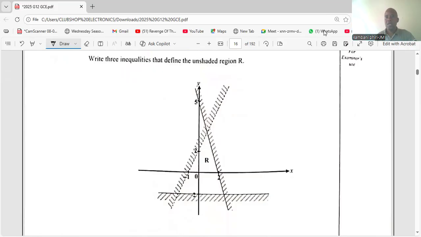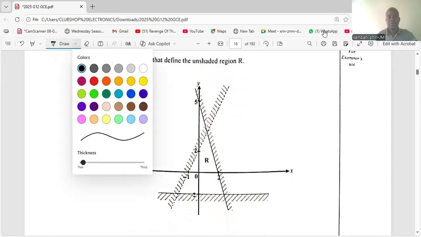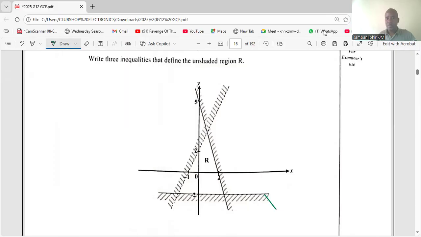What I'm going to do is name these lines: line number one, number two, for reference, so that it's easier for you to follow, then this one we call number three.